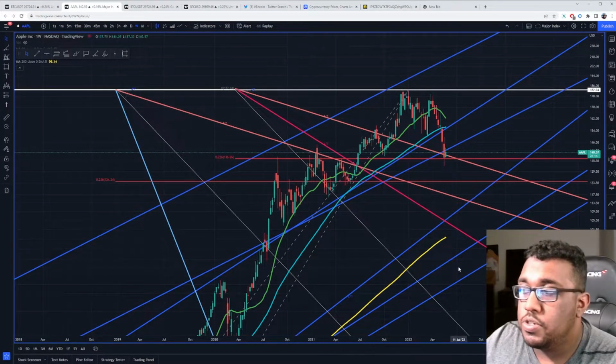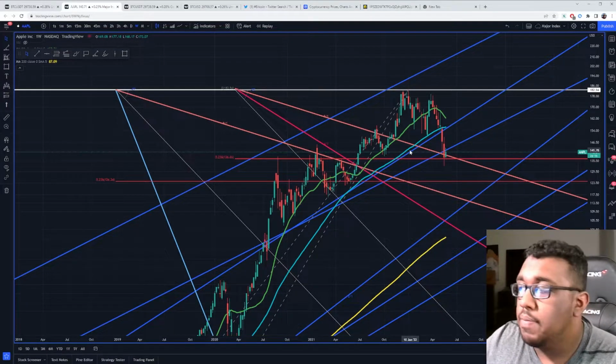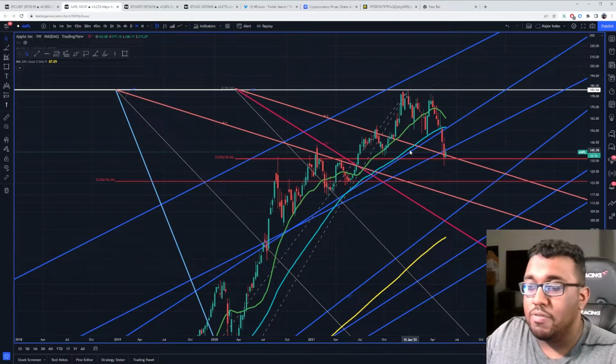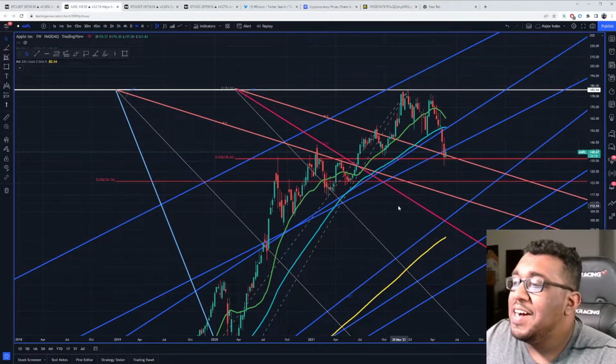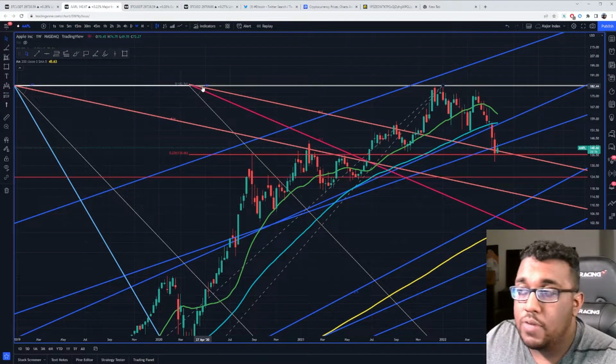The hot pink one is just too far down for me to care about it right now. As Apple continues to fall, we'll figure out wherever its bottom is. We'll be adding and switching up some of the Gann Fan levels so they're not looking so cluttered. The main reason this is all not on one chart is because it would look incredibly cluttered, and I just mean incredibly cluttered.